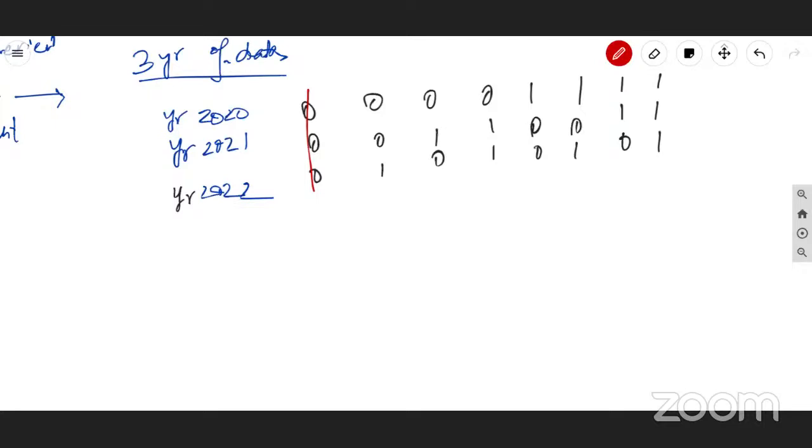So this is a new customer, so I'm excluding it from my analysis. Now I'm left with these 6 patterns.